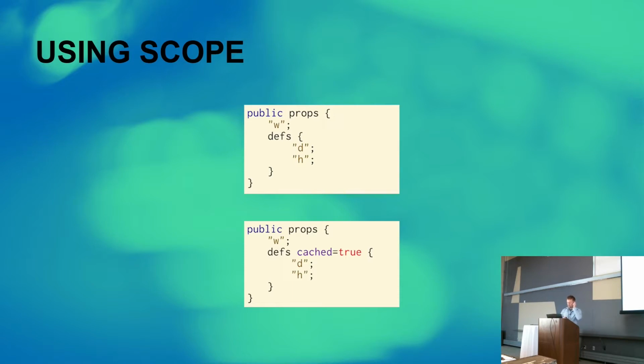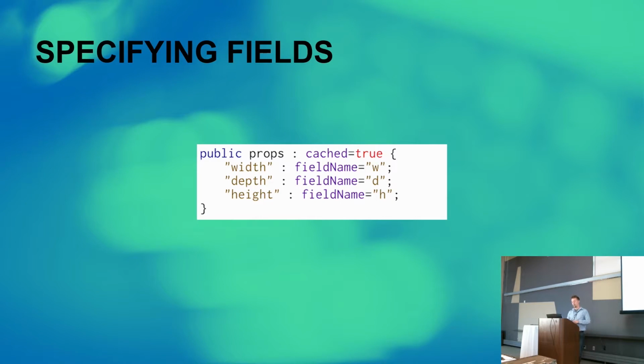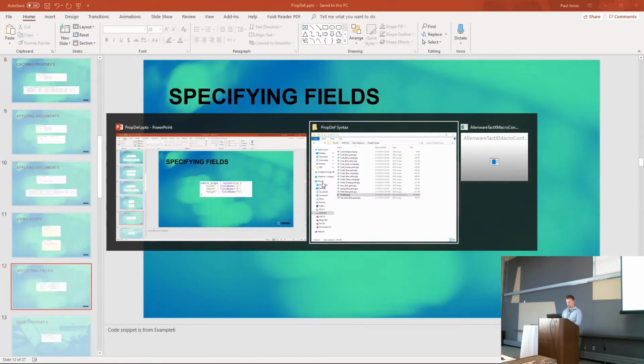So we've been talking about field PROPDEFs this whole time. What if you don't want your PROPDEFS key to match the field name? Well, then you just tell it what field name you want. Easy peasy. Now, I don't think I have an example in my slides, so I'm gonna try explaining.